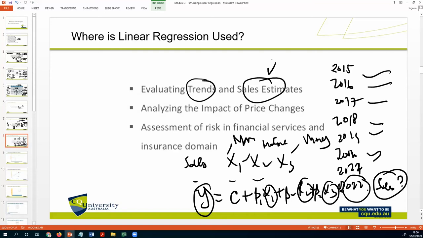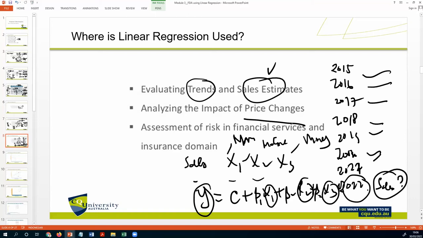Also analyzing the impact of price change. If you increase the price 5% or 10%, and then you increase the price 20%, 30%.